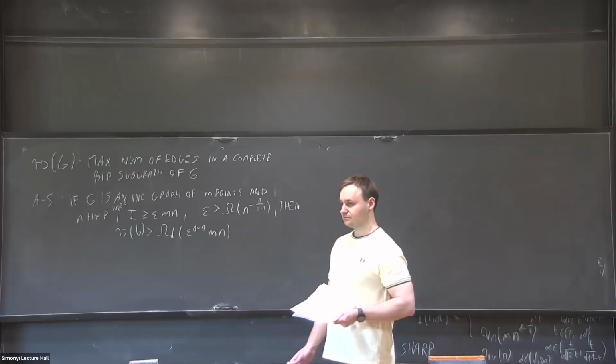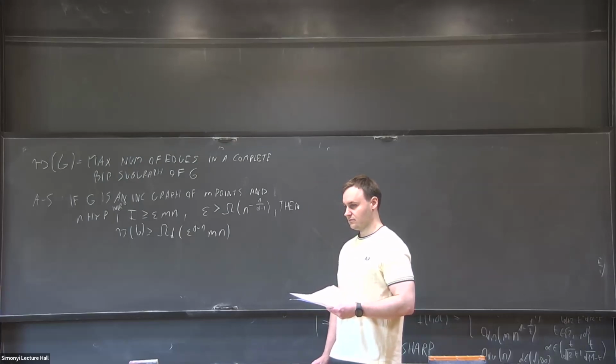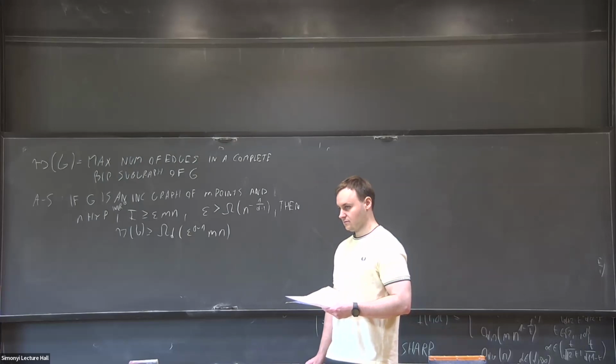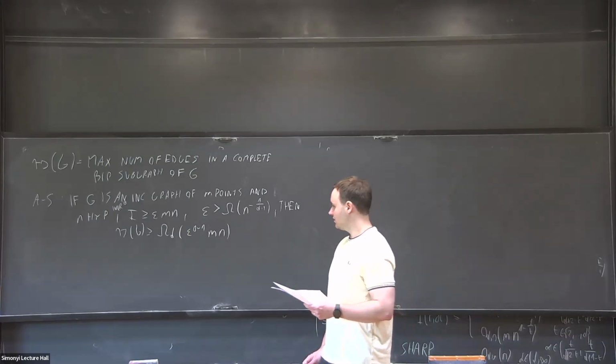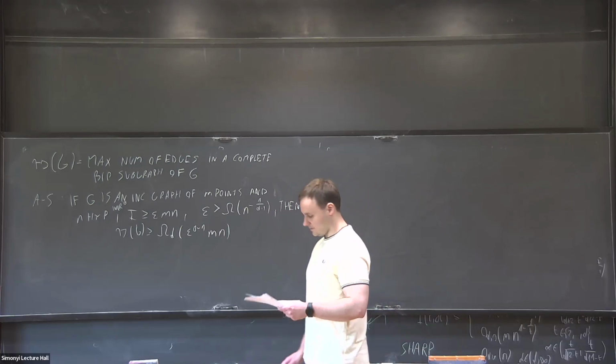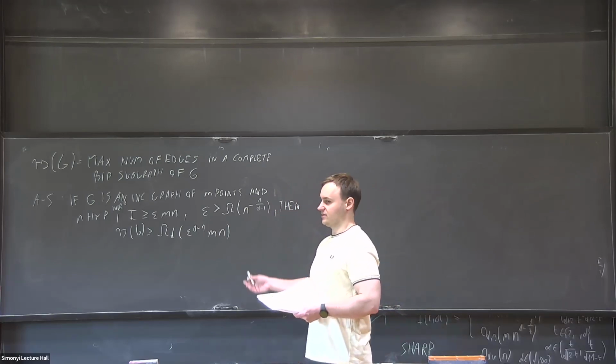So even if epsilon is a constant, if you have a constant fraction of the edges, then a constant fraction of your graph is a complete bipartite graph. Yes, that's pretty amazing. So it's not completely surprising.